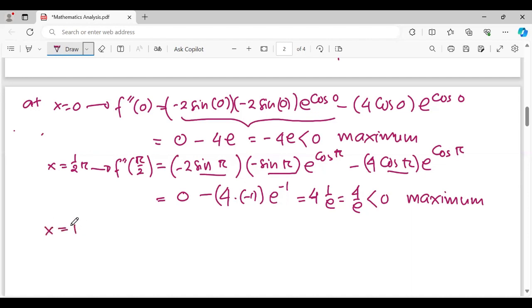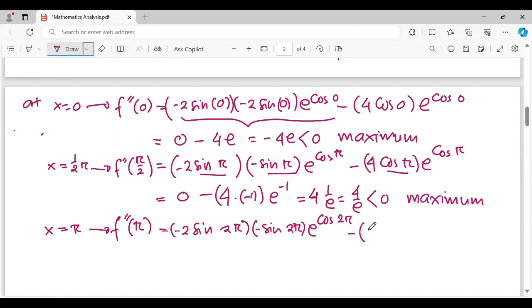Now, when x equals pi, it becomes minus 2 sine 2 pi minus sine 2 pi e power cosine 2 pi minus 4 cosine 2 pi e power cosine 2 pi, right?